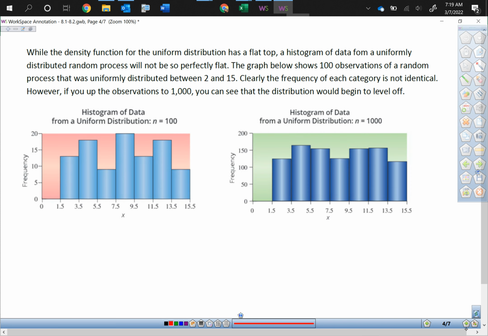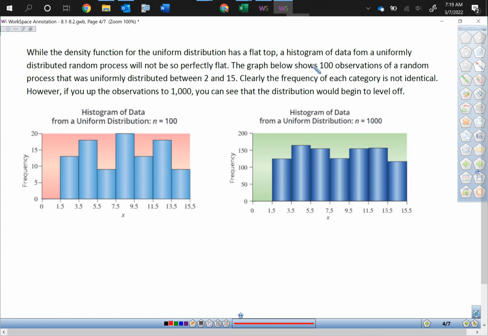Now, while density functions for the uniform distribution have a flat top, a histogram of data from a uniformly distributed random process will not be so perfectly flat. Like we have one rectangle here, and that's going to have a flat top. But if I put them together and make a histogram with the intervals, the ranges here, it's not going to be so perfectly flat.